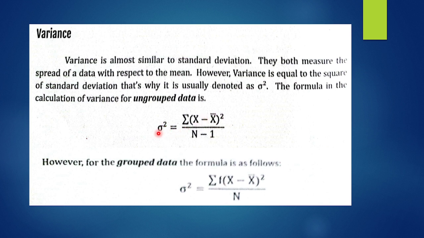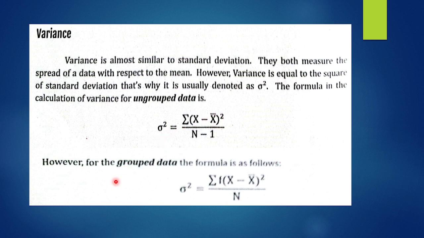Kung kini nga standard deviation na square diri, so this is variance. However, for the group data, dili na lang nato libog-libogon. Sa laktod, ako na ni connected na jud, almost similar jud si standard deviation and variance. Kung imo ang square si standard deviation, then that is the variance.